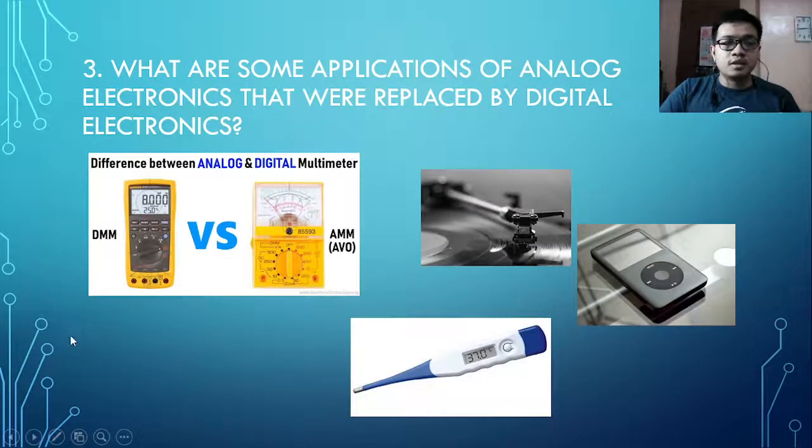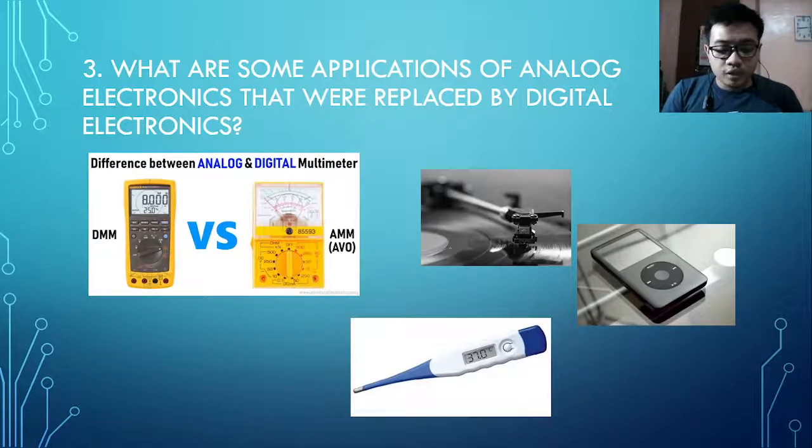Next is another eminent comparison I can find: the digital multimeter and the analog multimeter. You can see in our laboratory that we can still use both analog and digital multimeters, so I'll discuss the difference. A multimeter is a tool used to measure current, voltage, and resistance.